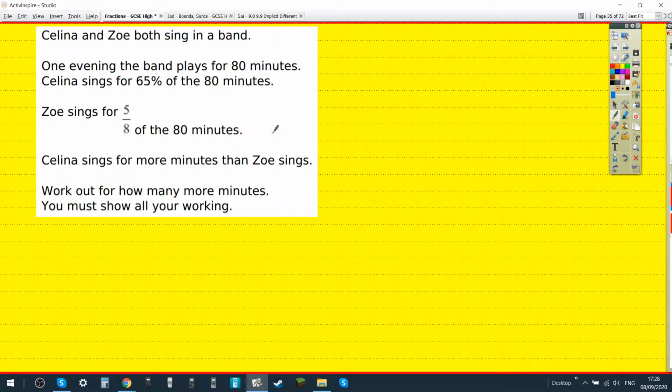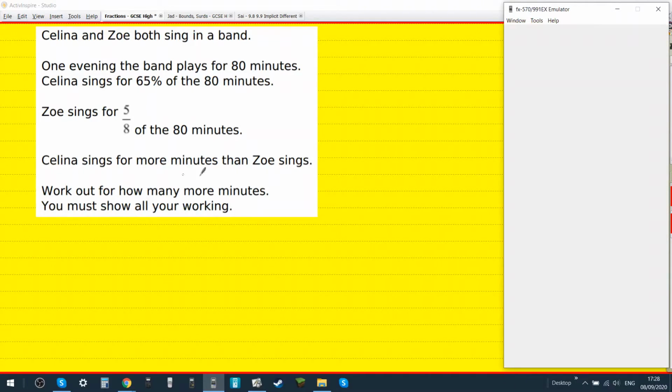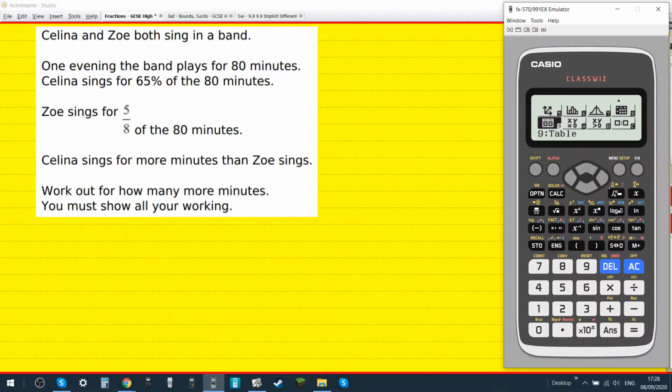How do you do this one? You could find 65% of 80. So 65. You have a yellow percentage sign over the answer key, so you could press shift answer for percent. So that's 52 minutes. So that one's 52.